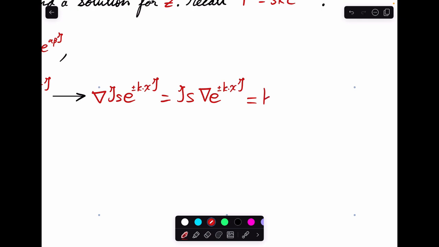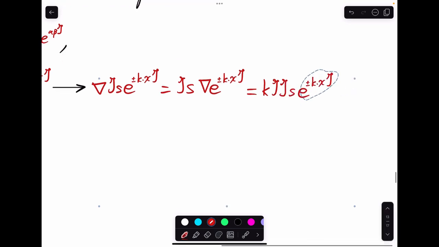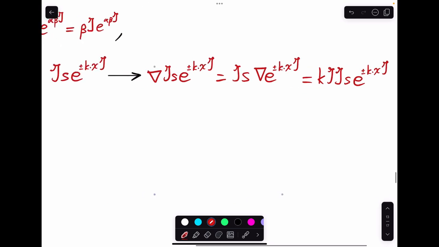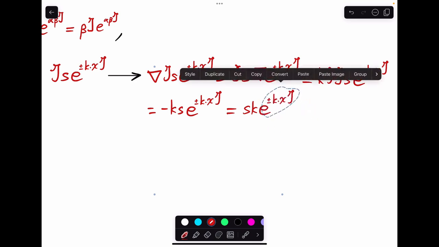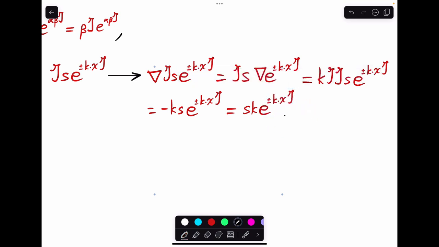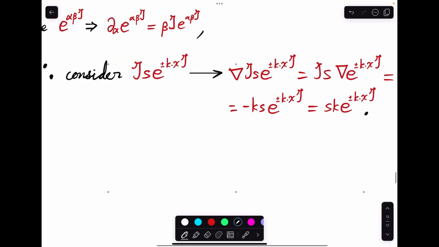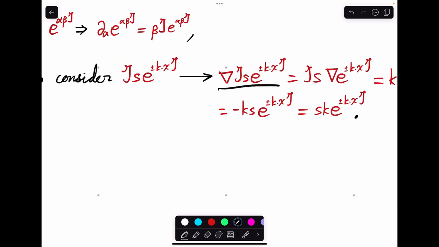So you're going to have KI, IS, the exponential. This is going to be equal to negative Ks of the exponential, which is equal to Sk, the exponential. So just now we found that the gradient of that is equal to f.